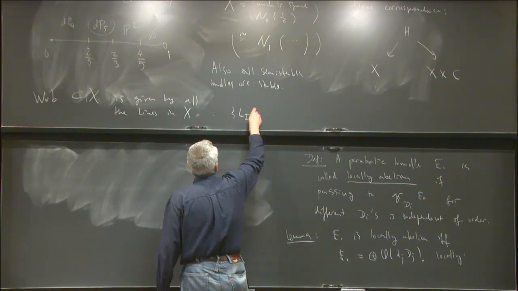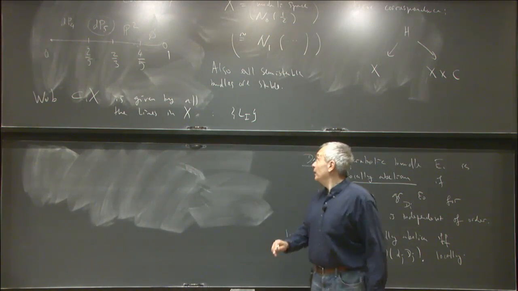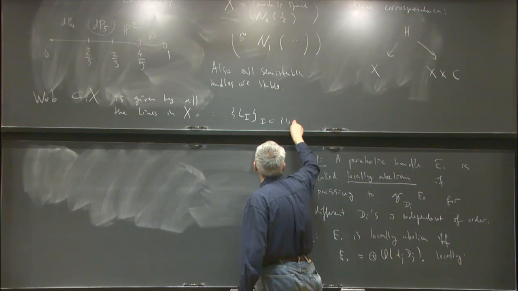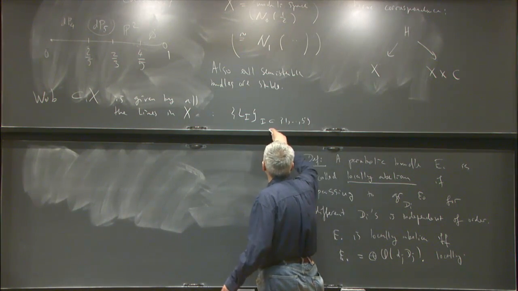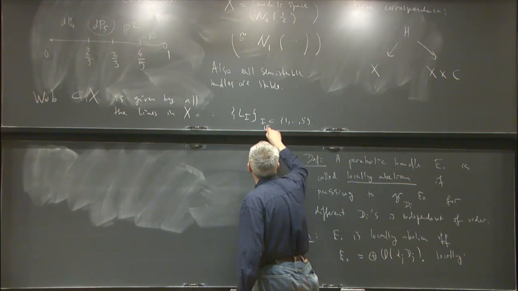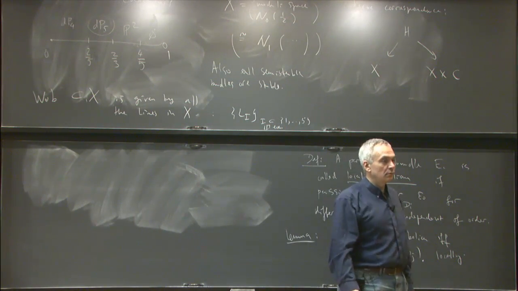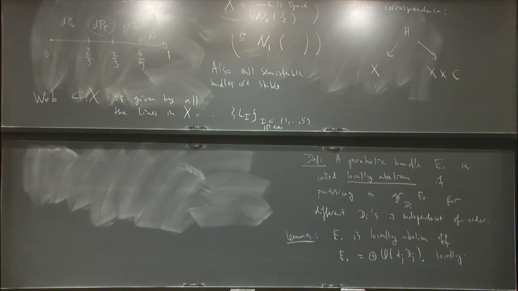So I'm going to label them by L_I, where I is a subset of 1 through 5 of even cardinality. Which Del Pezzo did you have? It's a degree 4 Del Pezzo. It's a blow up of P2 at 5 points on a conic.